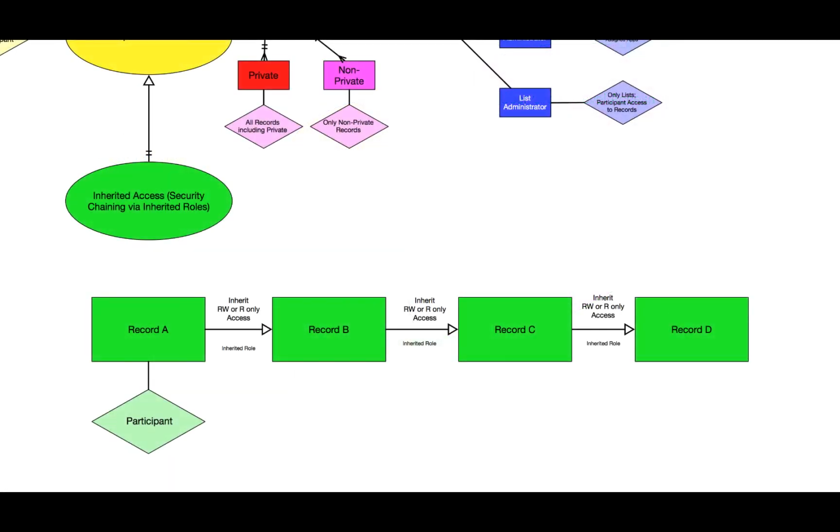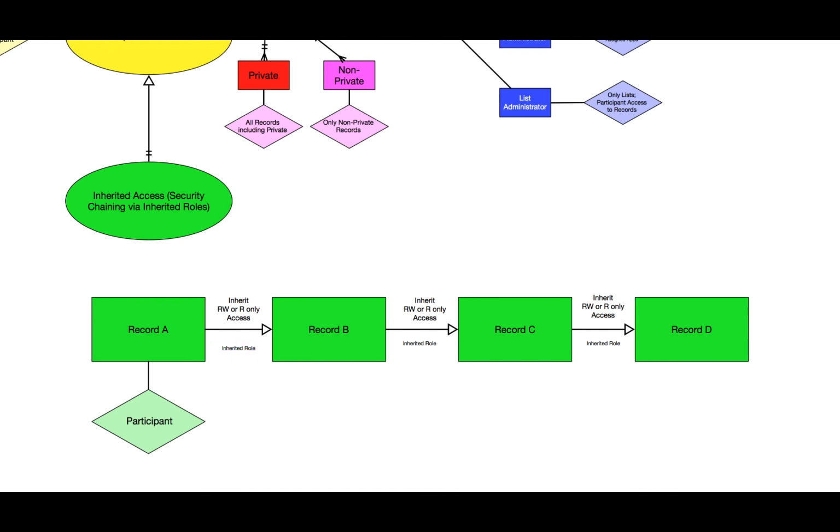In this example, we see that if you are a participant on record A, you inherit access to record B via an inherited role. An inherited role is the mechanism that gives all participants on a parent record access to child records. They can also give participants on parent records access to nth child records.